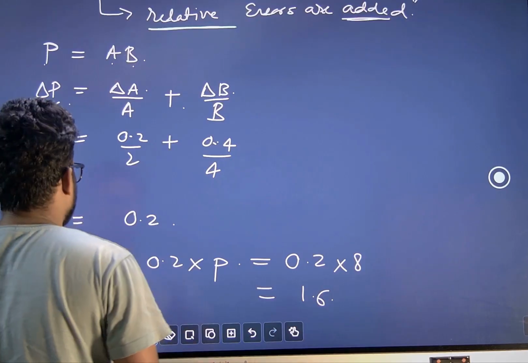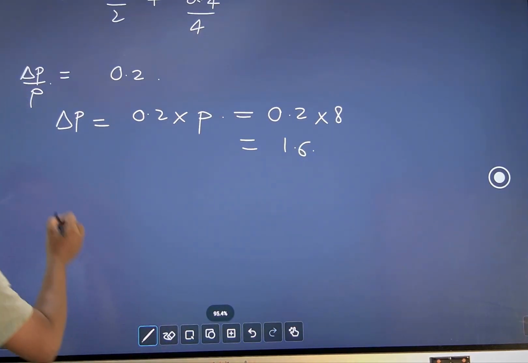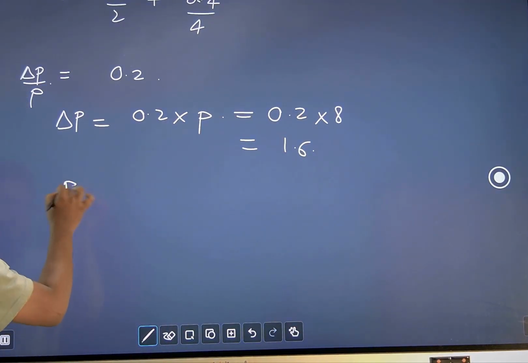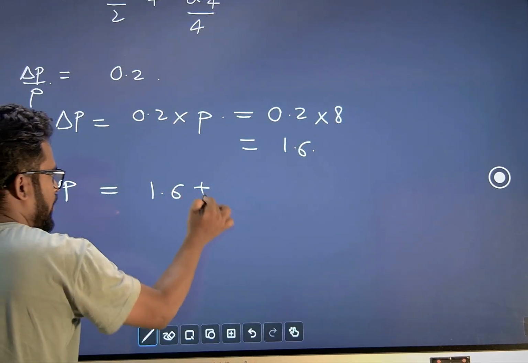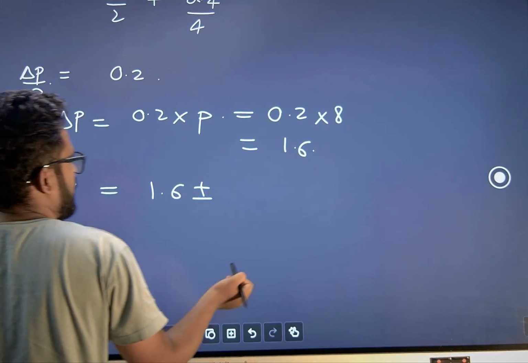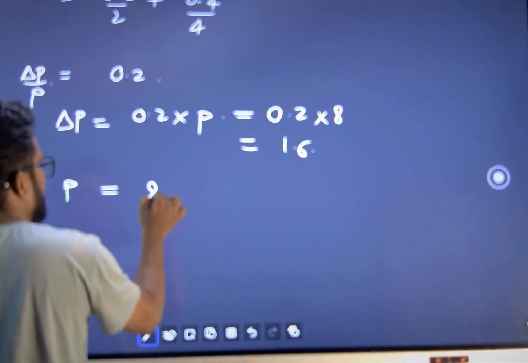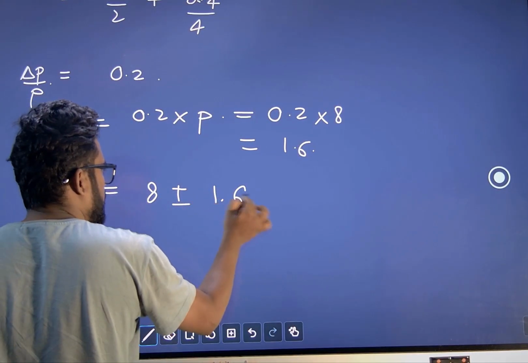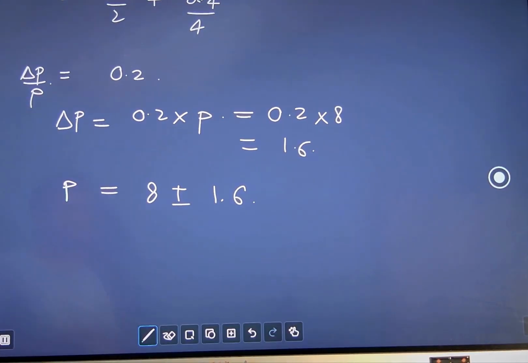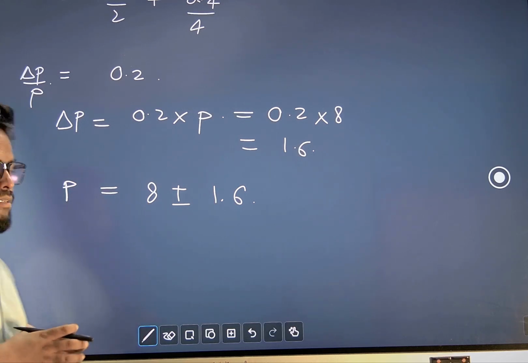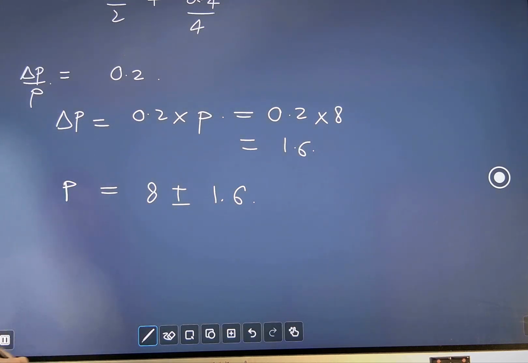So the answer would be: product is 8 plus or minus 1.6, relative error 0.2, percentage error 20%. Clear? So product is also clear.